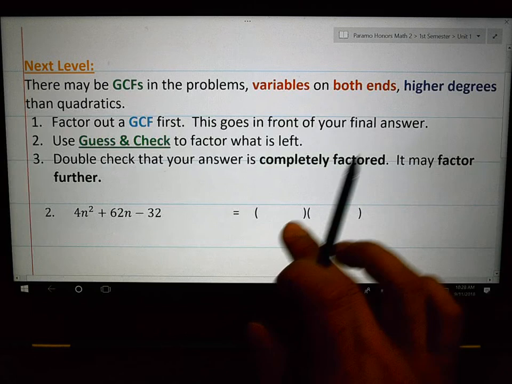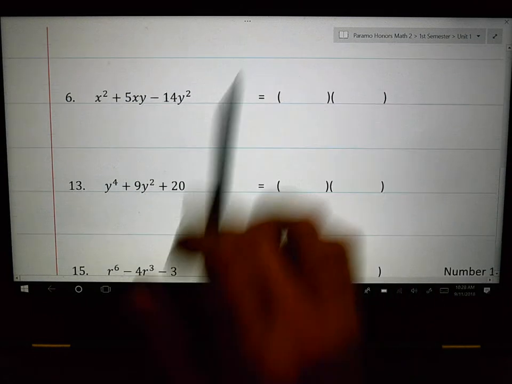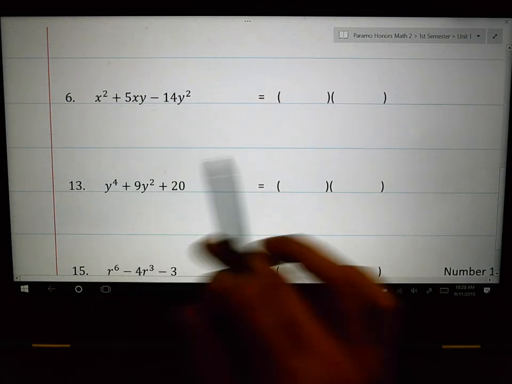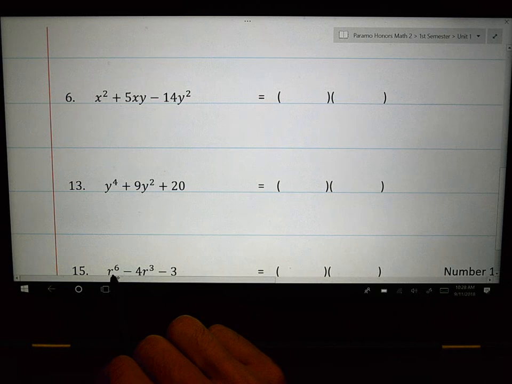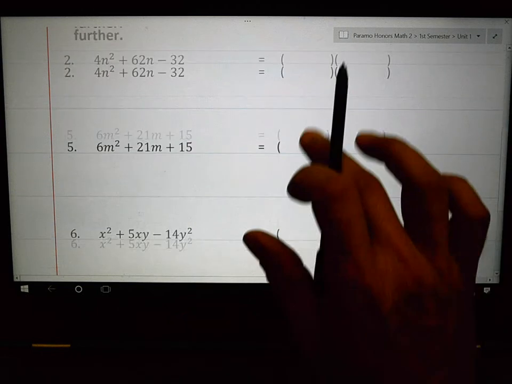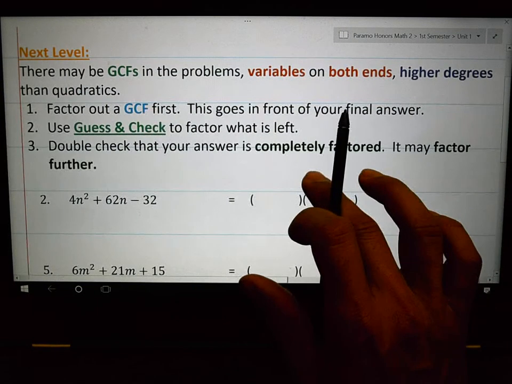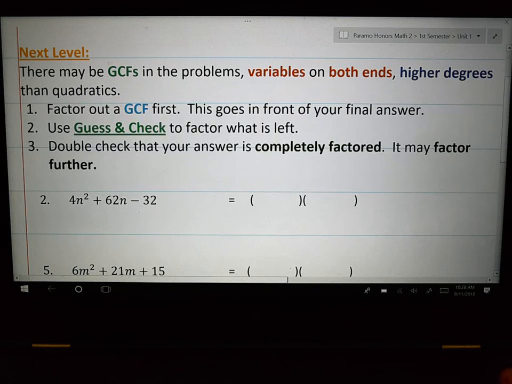They might throw in some higher degrees in there, like a y to the 4th or an r to the 6th. All those are ways that they are going to try to trick you and make you think that this is different than what it was in 1.3. But you will not be fooled, because you are not easily fooled. You are smarter than the average bear.